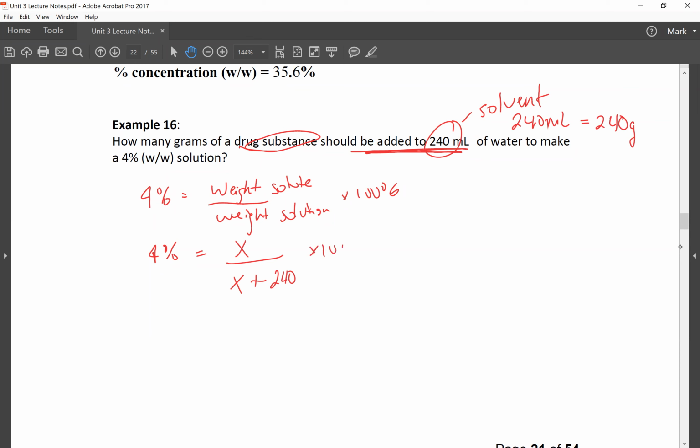So I end up getting 0.04 equals X over X plus 240. This one is a little bit more challenging.